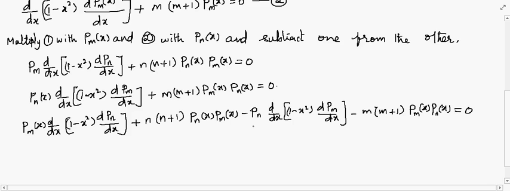Now we will integrate between the limits -1 and +1.